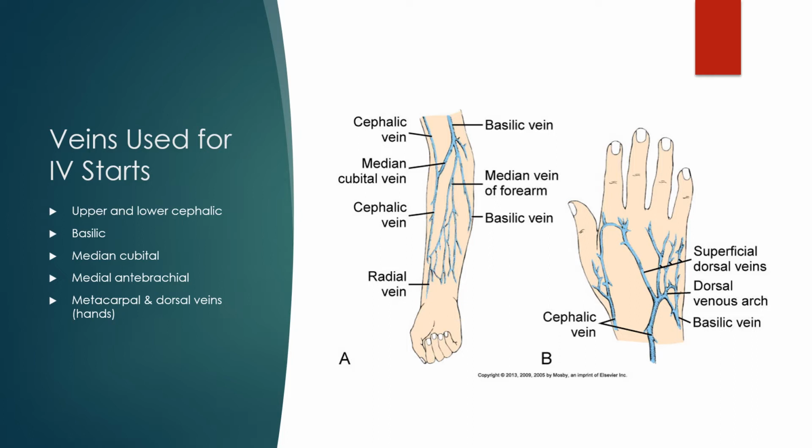And once it gets bumped, it could no longer work again. So if you're going to use the hand, make sure it's a really good vein that you're going to use. Also remember that we want to make sure we're not restricting them from their dominant hand.